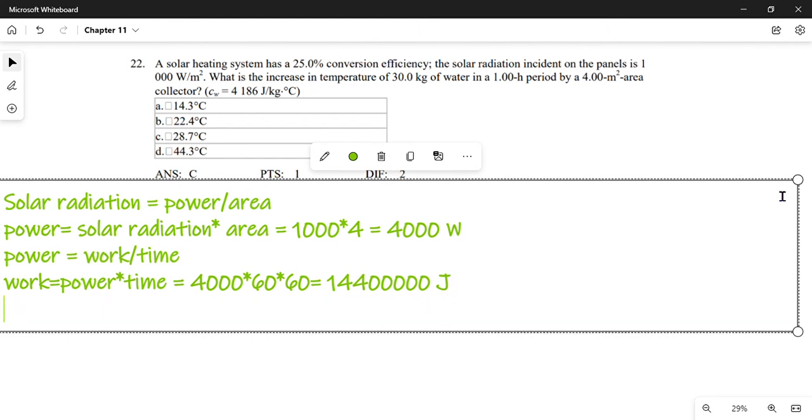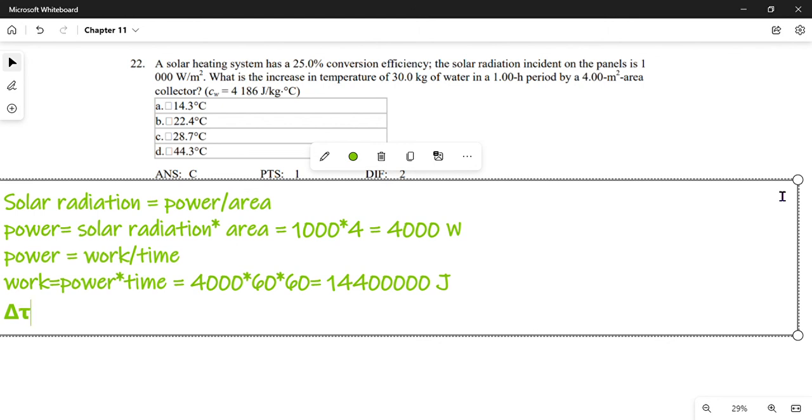Q is simply equal to the work. So let us calculate the change in temperature.